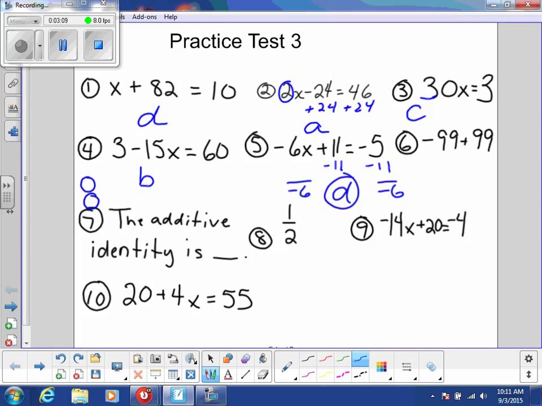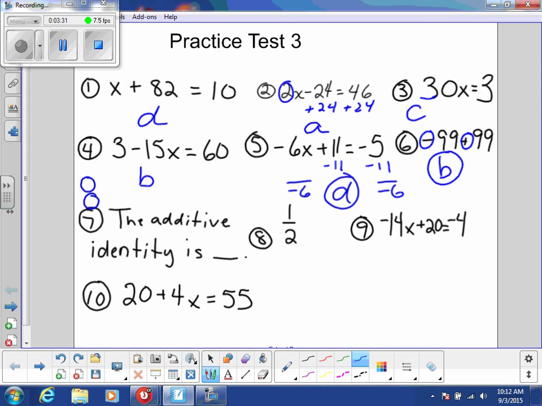When you get to number 6, anytime you have 2 numbers that have the same absolute value, that means the number's the same, but opposite signs, one negative and one positive, they would add up to 0. Numbers like -99 and +99 are called additive inverses of each other.